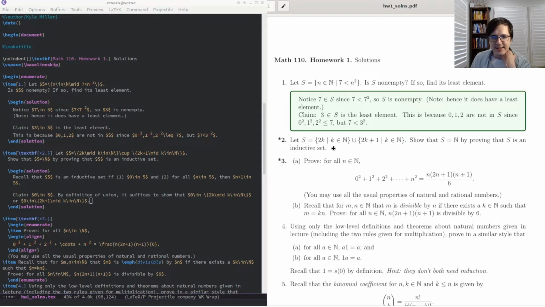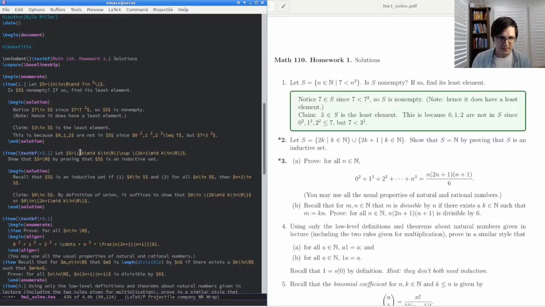Okay, what are these sets again? It's the image of the function where k maps to 2k and k maps to 2k plus 1. If you know the definition, then it's kind of clear that 0 is in the first of the two, because we can set k to 0.